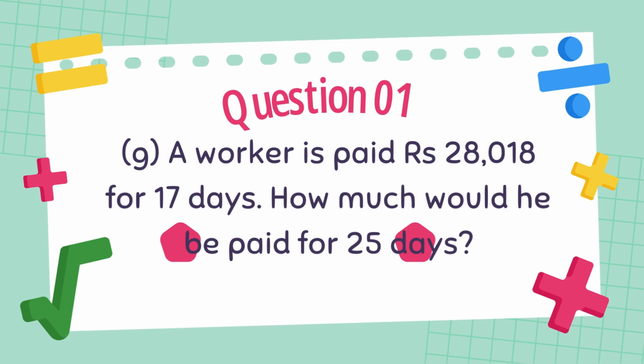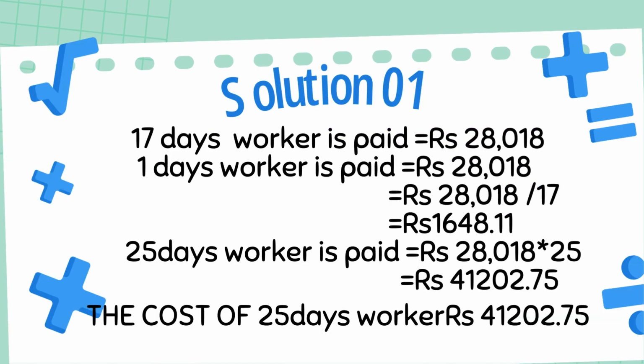What should we do? The pay of a worker for 17 days is rupees 28,018. So for 1 day, you have to divide this value by the given figure. So 28,018 rupees divided by 17.